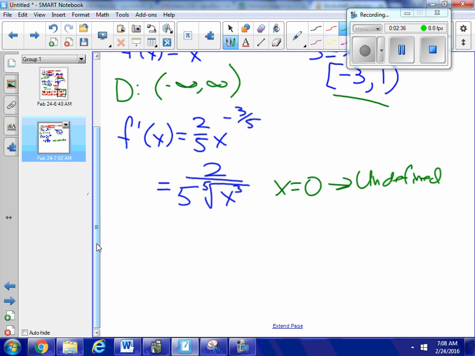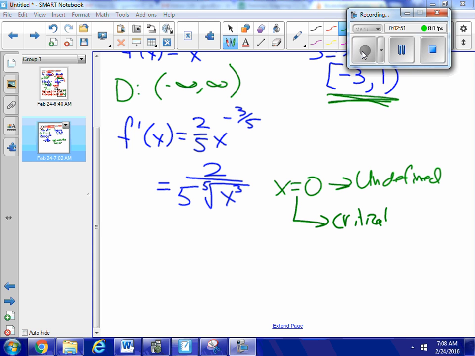So if the derivative doesn't exist at a particular point that is within the interval, that means I have a critical point. So x equals 0 is a critical point. And since at x equals 0 the derivative does not equal 0, it is not stationary. As you remember, to be stationary, the derivative has to be 0.